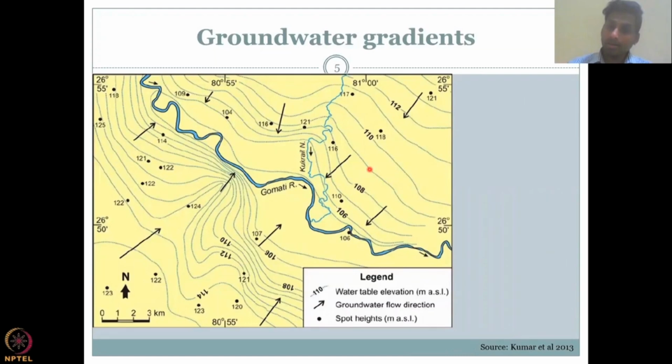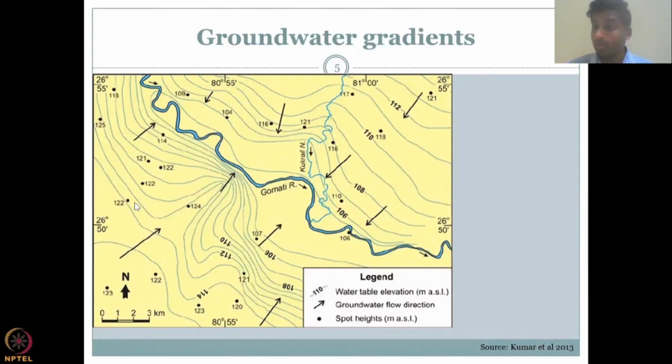Then, as I did with my drawing pen on the slide, you can also see that groundwater models are there where they could also put in these kinds of arrow marks or gradients showing how the groundwater flows. And in this particular study, you could see how the flow directions have been made.